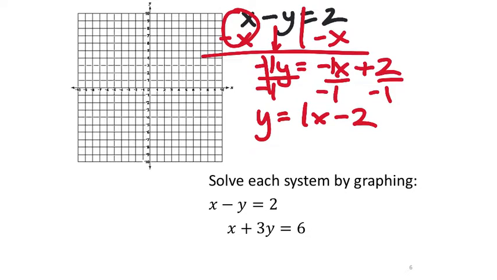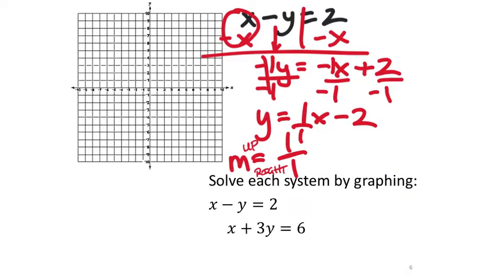Now the coefficient of x, 1, I'm going to make it 1 over 1 so I can see the rise and run, so I can see my slope, 1 over 1. Since the 1 in the numerator is positive, I would go up 1, and the 1 in the denominator is positive, so I would go to the right 1.